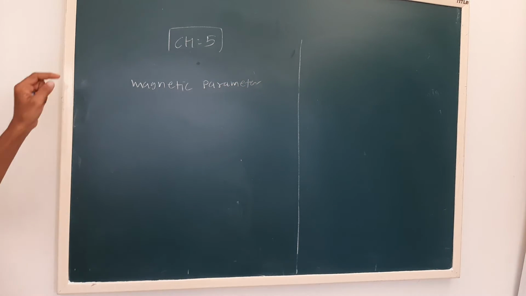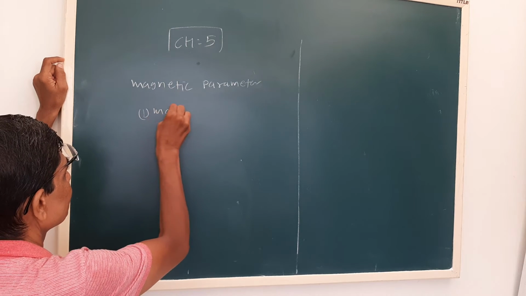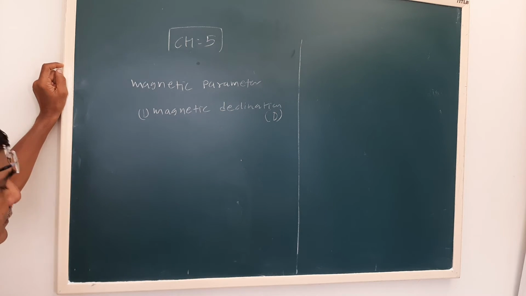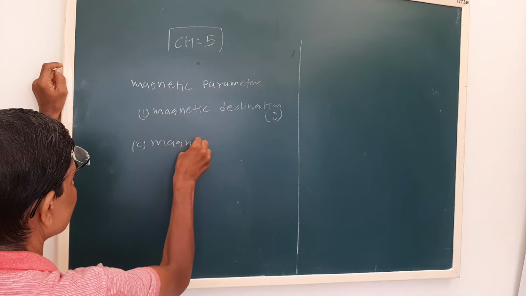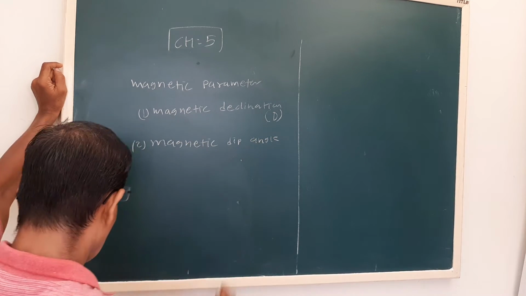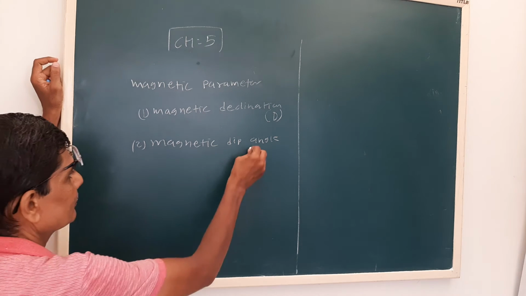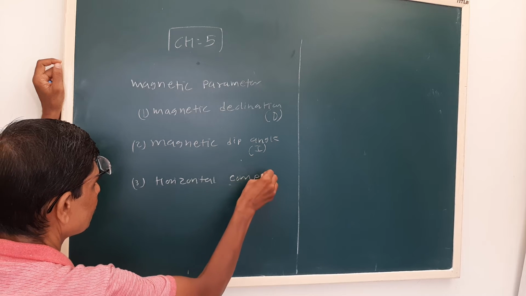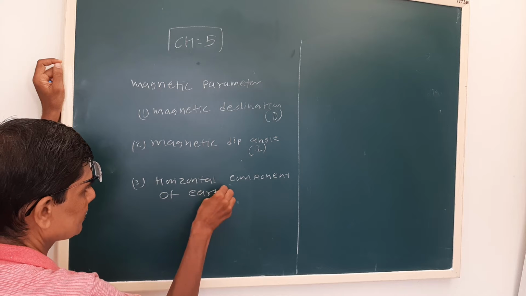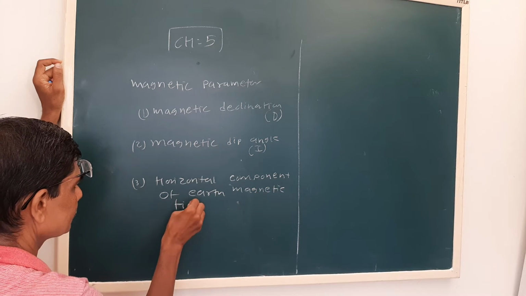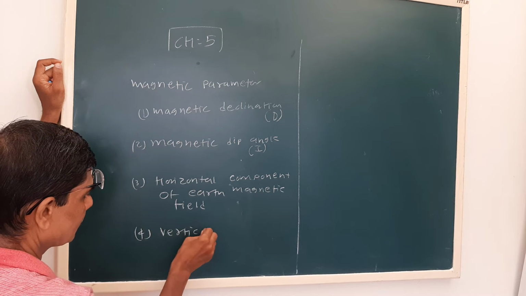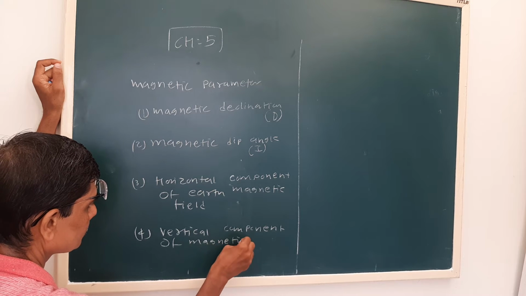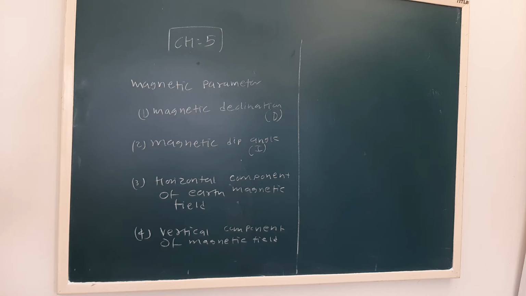Mainly we have to study one, the magnetic declination, D or sometimes phi. Then the magnetic dip angle, sometimes denoted as I. Third is the horizontal component of Earth's magnetic field, and fourth is the vertical component of Earth's magnetic field.